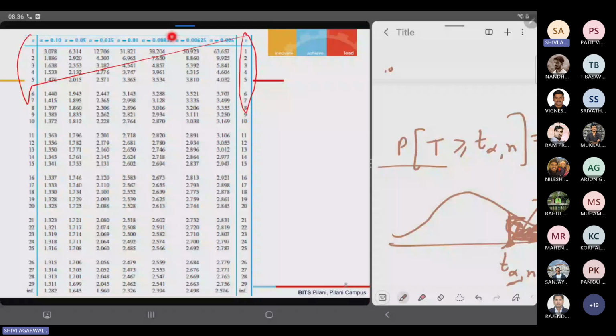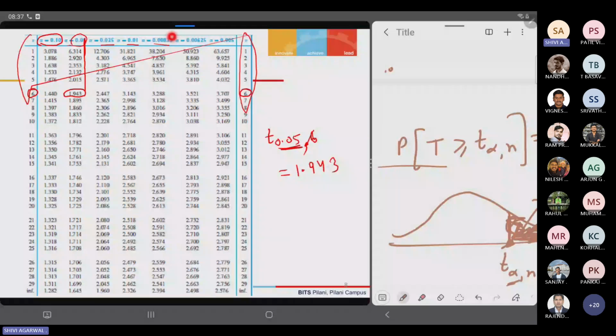So if we are saying t 0.05 with 6, as in the previous example, the degree of freedom is 6 and alpha is 0.05. In the third column, the value is 1.943. This is the way to read the table.